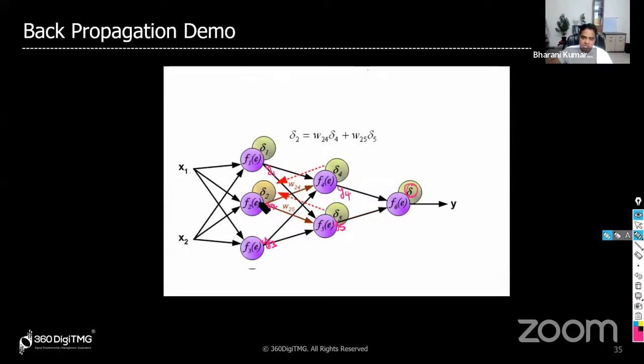Both the team leads, this guy has given input W24 and W25. So W24 into this plus W25 into this delta 5 would give you the overall weightage of error that this guy has to take, or penalty, rather, not weight, penalty.